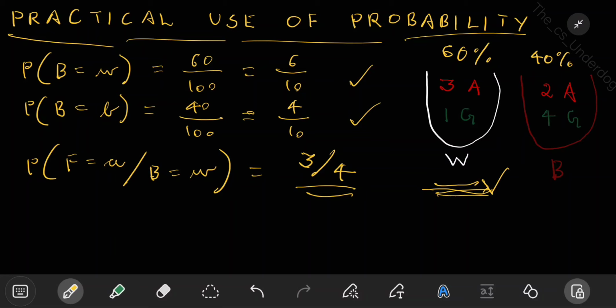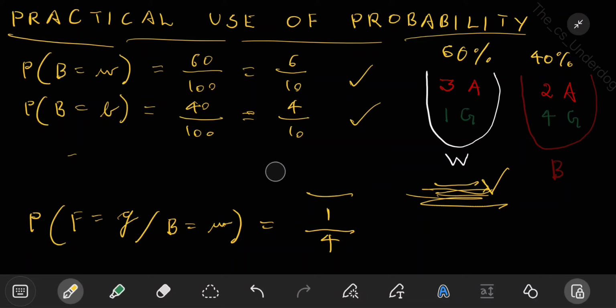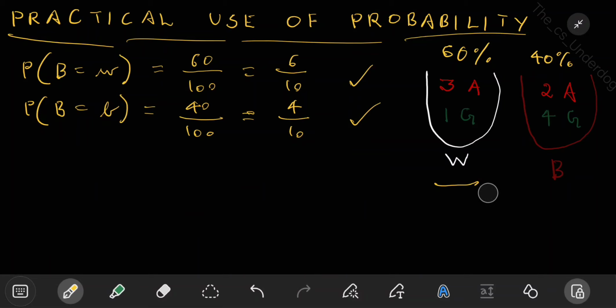Similarly, how can you find probability of fruit is equal to guava given bag is equal to white? From the same bag, there are totally 4 fruits out of which 1 is guava. As simple as that. So this is how you find conditional probabilities.